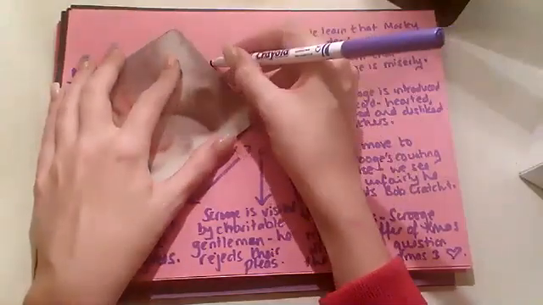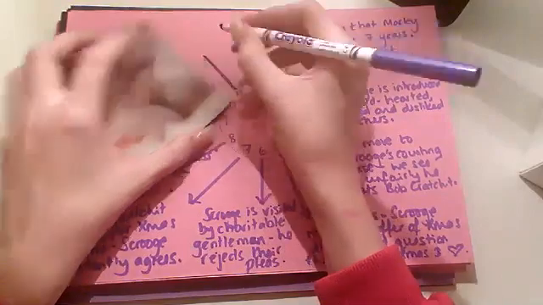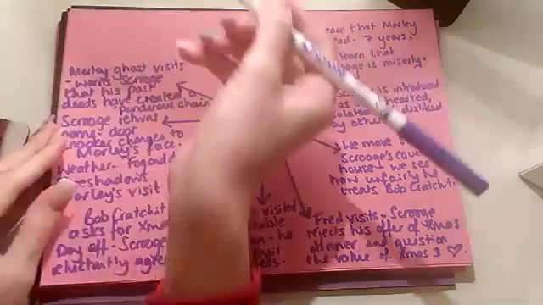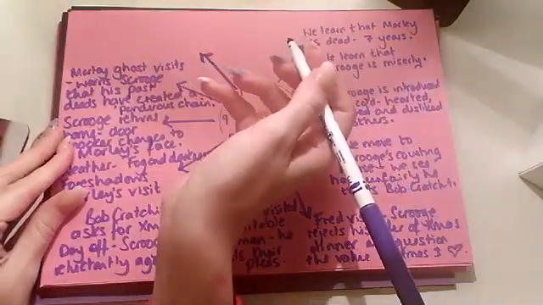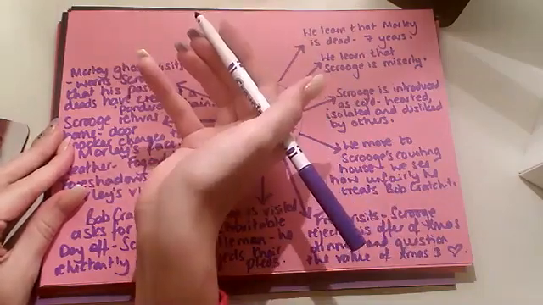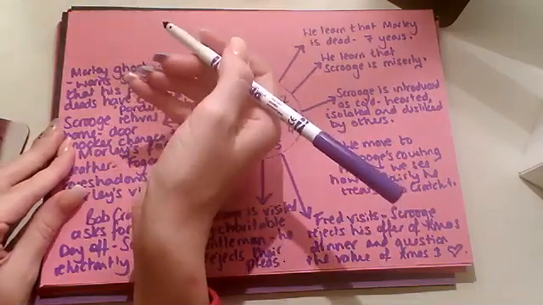And in order to prove that, Marley takes him to the window and shows him examples of other people who have done things wrong in their life, and they now wear a chain and they cannot find any peace. They see people outside and they want to help them, but they cannot.